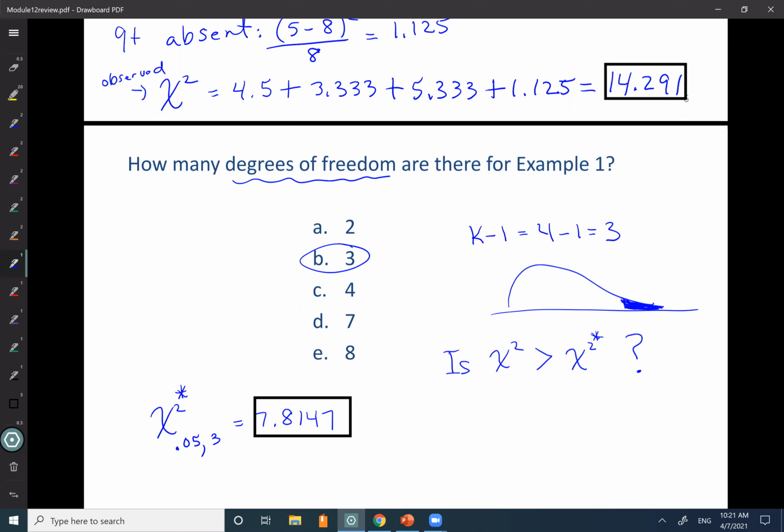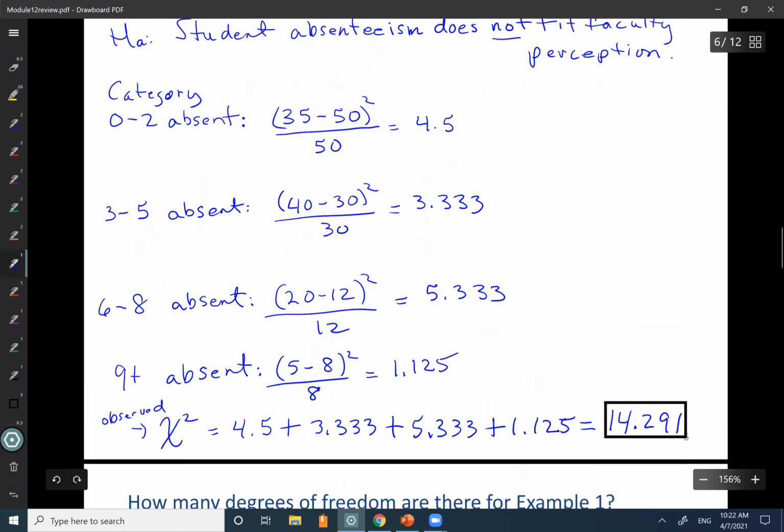So this is the chi-square star. Is the observed, so 14.291, greater than 7.8147? And the answer is yes. Therefore, we reject our worded statement, the null hypothesis.